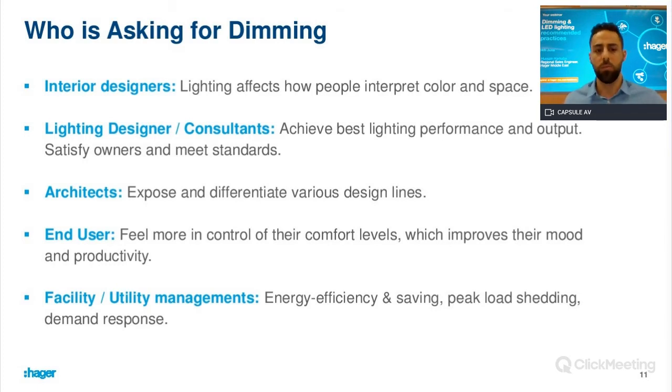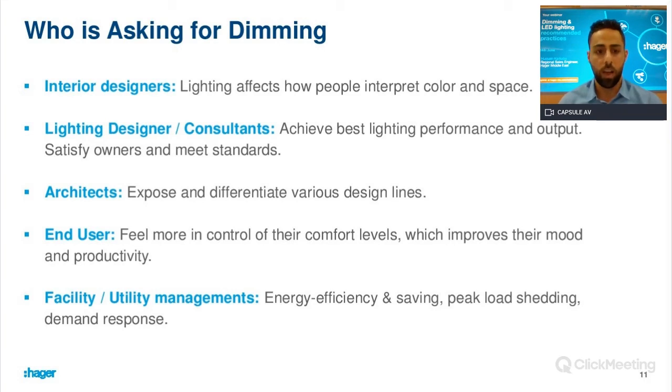End users, like us, in our homes or in our offices, why do we want dimming? To improve our mood and productivity, as we mentioned at the beginning. Once we experience dimming in our homes, we will touch the comfort level for us. And of course, being in control is important.